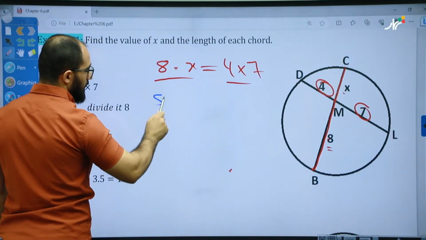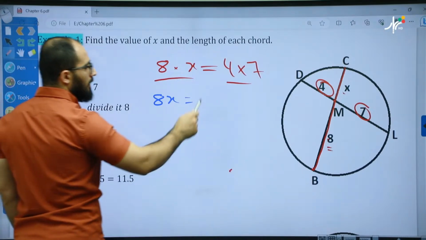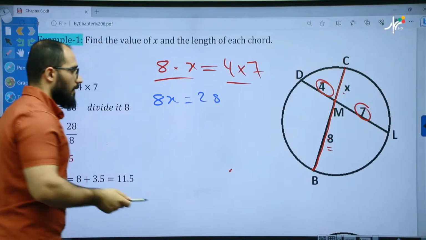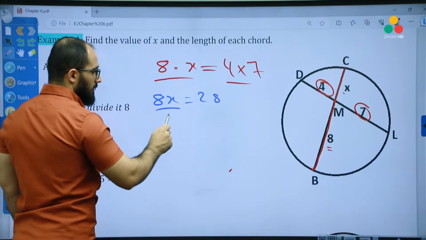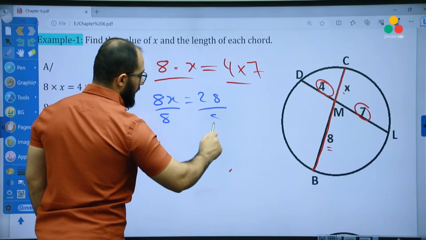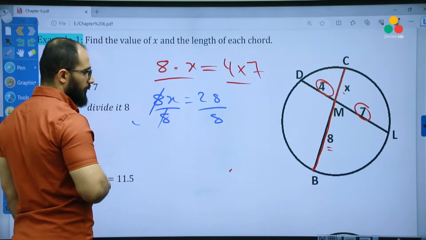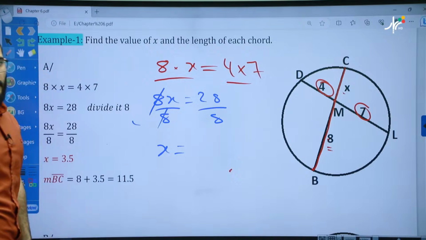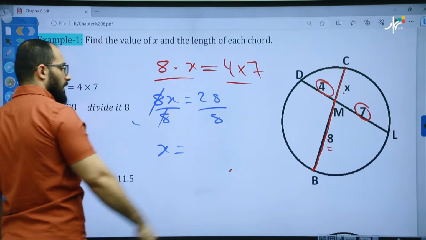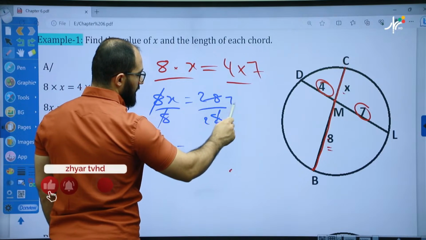Then let's do the product. 8 times x is 8x, equal 4 times 7, which is 28. We want to find the value of x, and we have 8 with it, so divided by 8, divided by 8, eliminate it, x is equal 28 divided by 8. When you simplify, divided by 4, 2, divided by 4, 7.